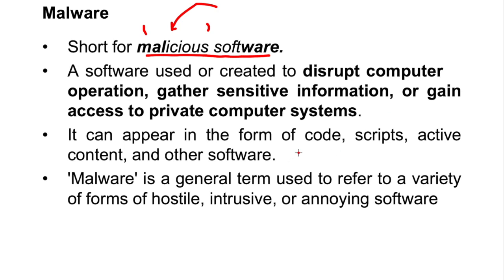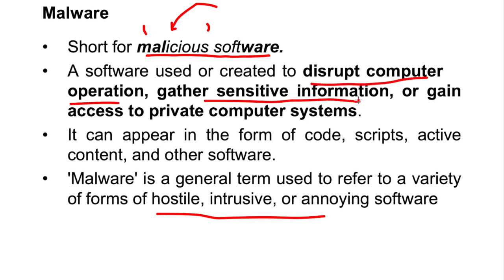It can appear in the form of code, scripts, active content, or other software. Malware is a general term used to refer to a variety of forms of hostile, intrusive, or annoying software. So anything hostile, intrusive, malicious is basically malware, and it disrupts computer operation and gathers sensitive information.